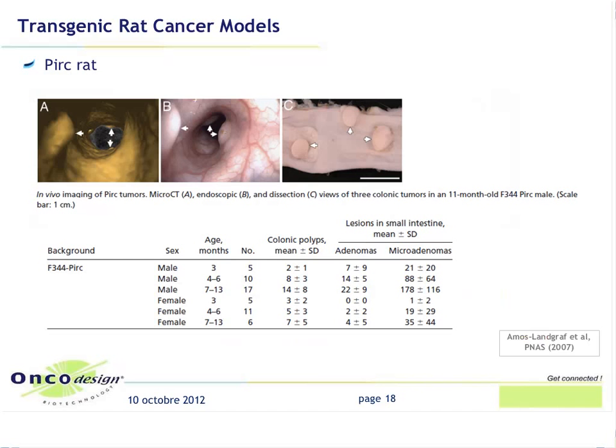However, the difficulty is to generate a sufficient number of animals at the same stage of tumor development. Of course, these models are highly refined and make transgenic rats attractive tools for specific experimental manipulation and translational research. Similar techniques could be used in clinical and preclinical studies.